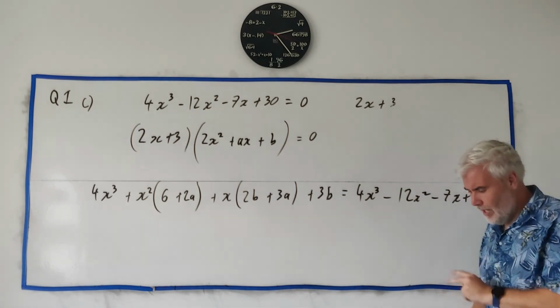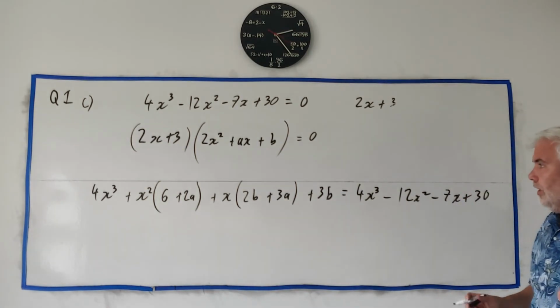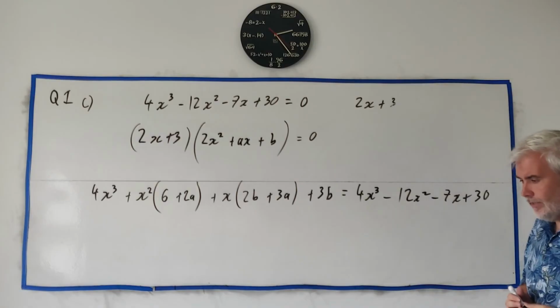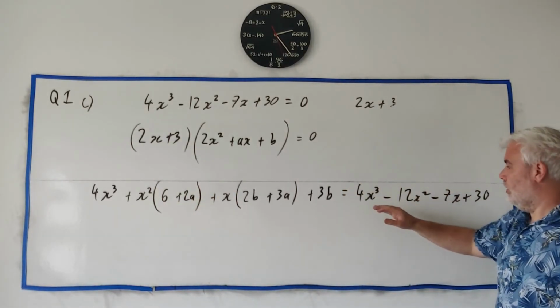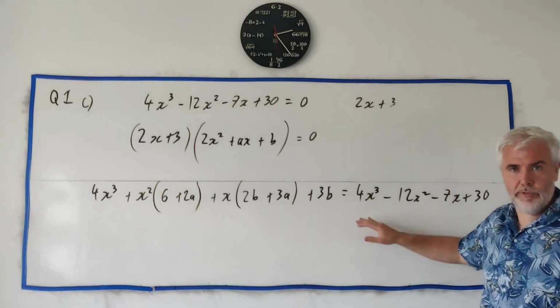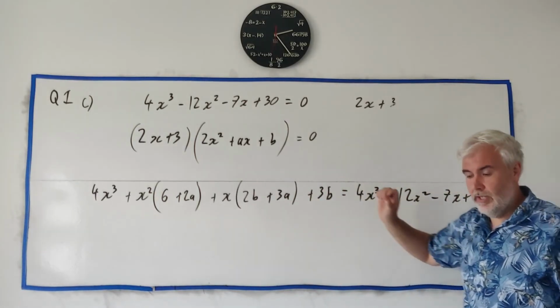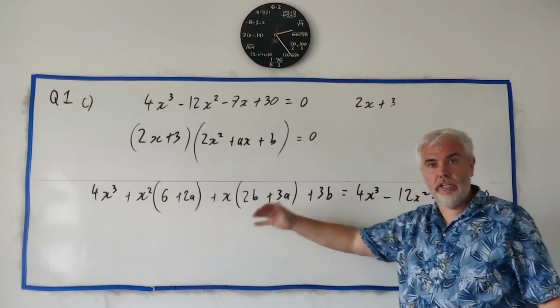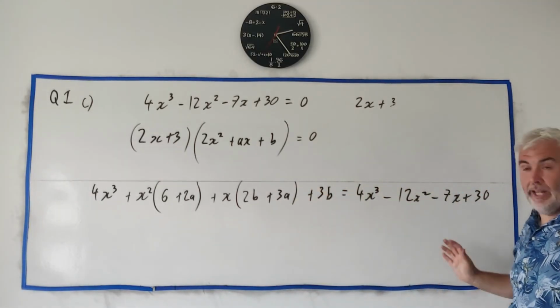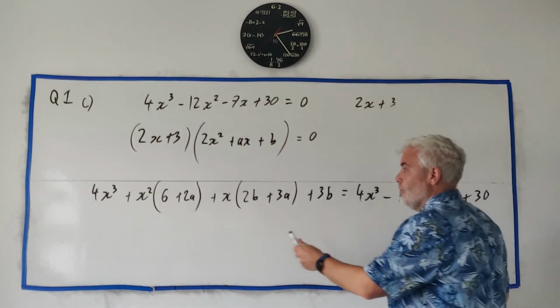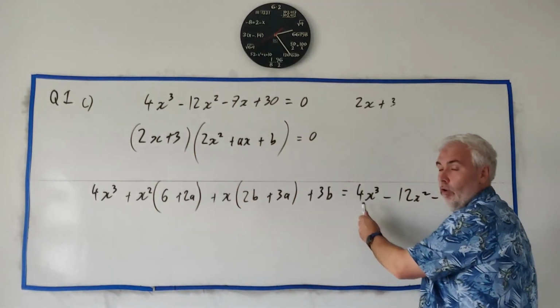Looks like a mess, looks hard to do, but at this point you just use the trick that the x cubes on the left have to equal the x cubes. The squares equal the squares. The x on its own equals the x on its own. The numbers without an x equal the numbers without an x. So that tells me that 4 equals 4.